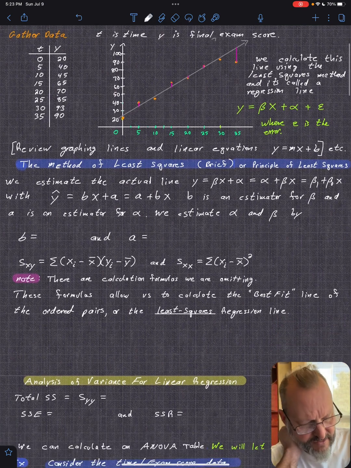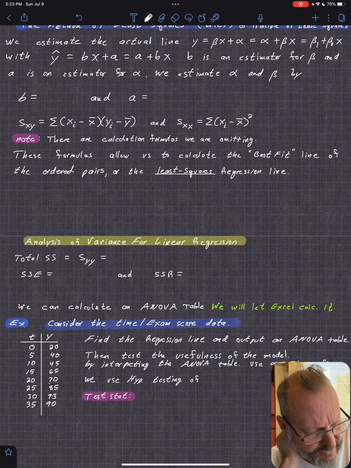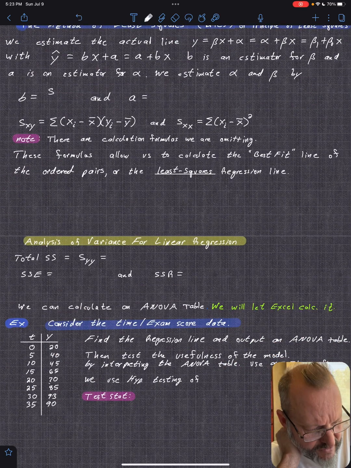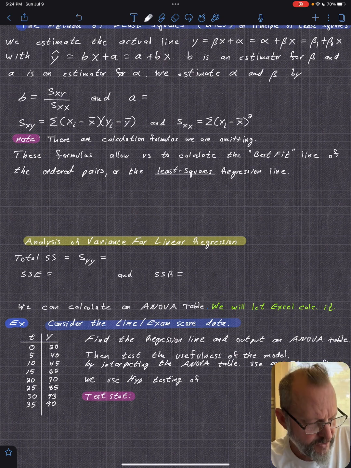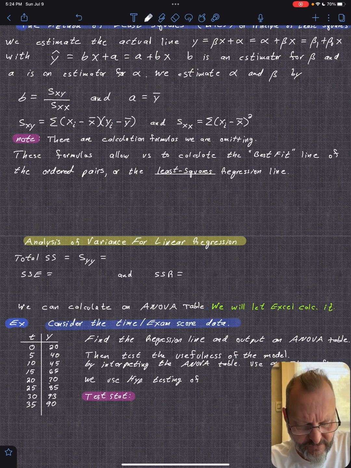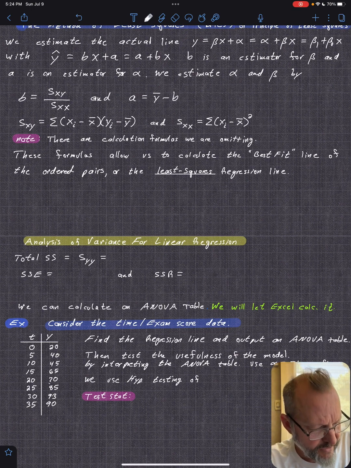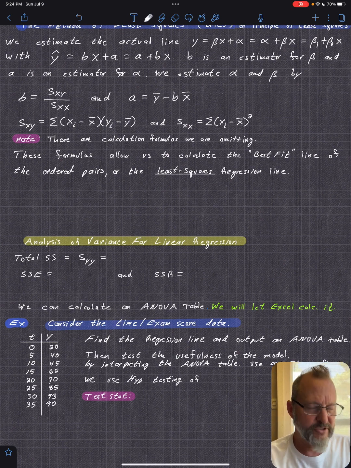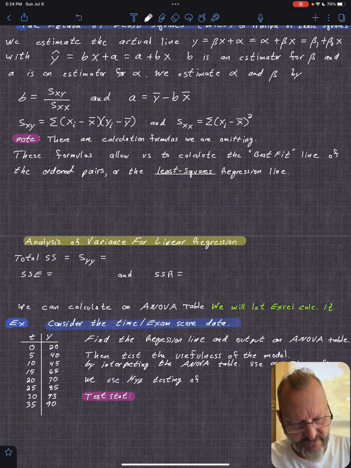So b is SXY over SXX, and a is Y bar, which is the mean or average of all the Y values, minus b, which you just calculated, times X bar, which is the mean of the sample X values.